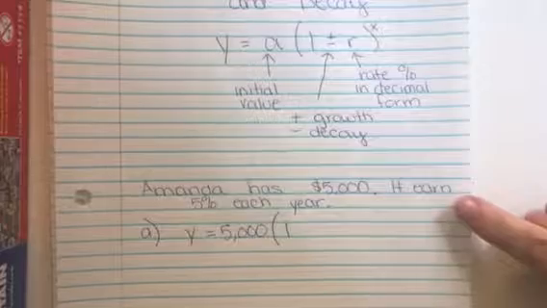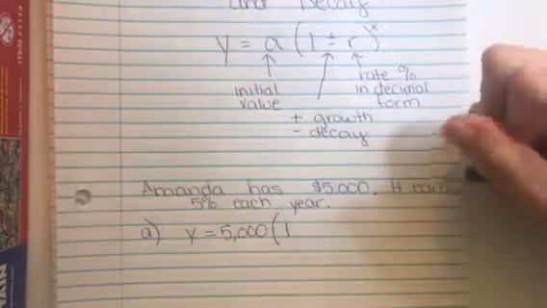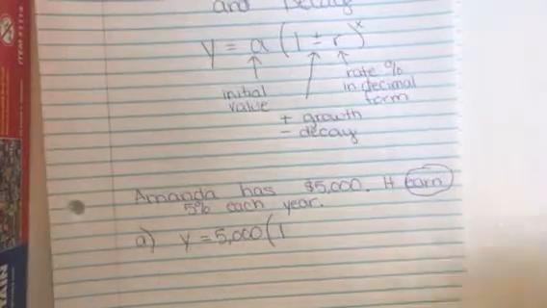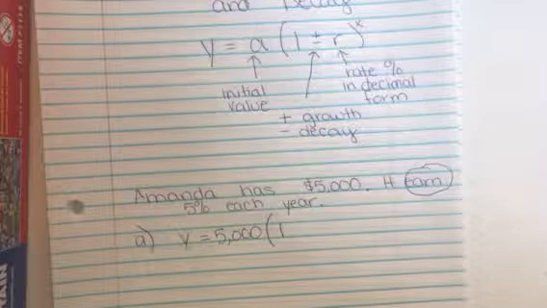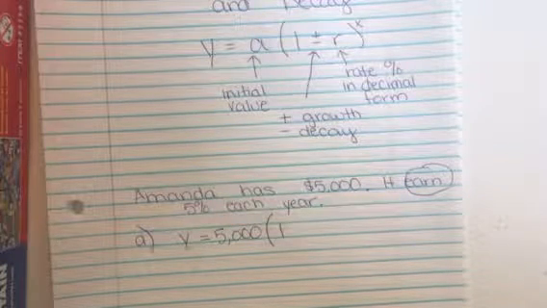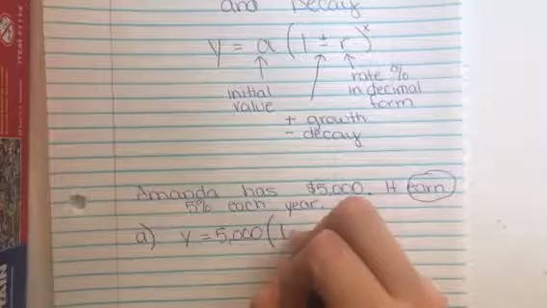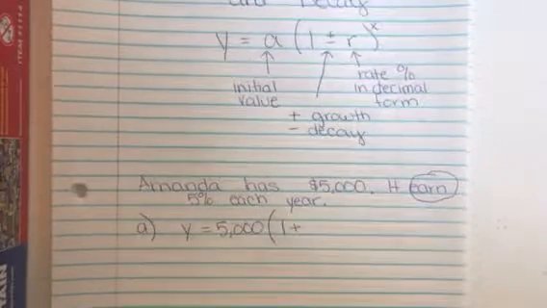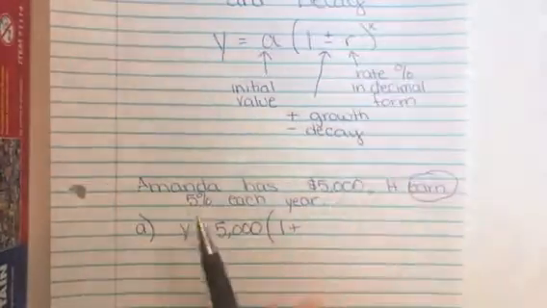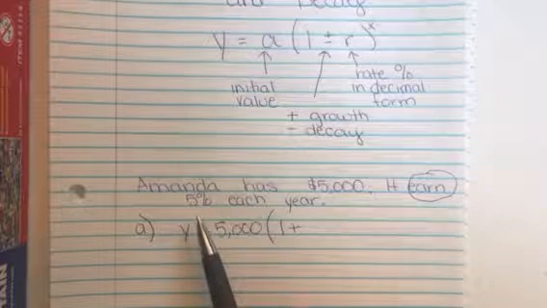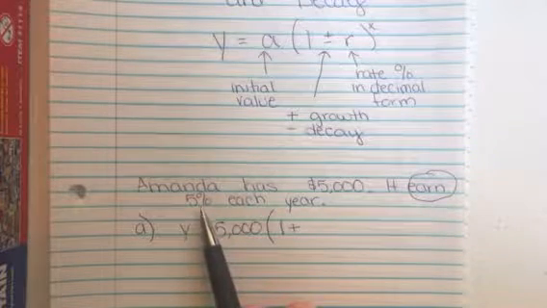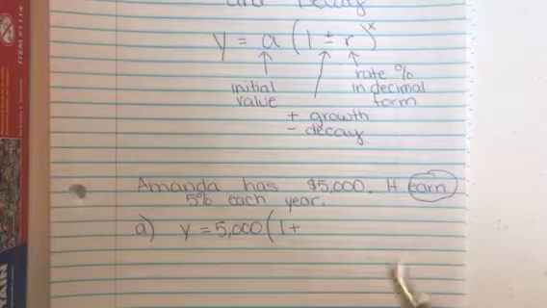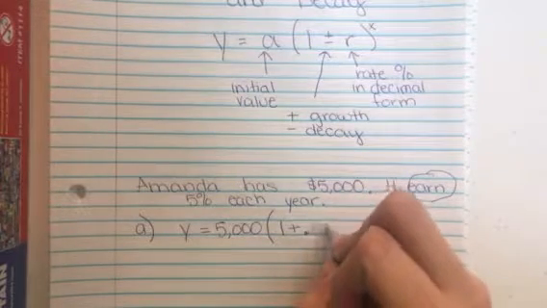Now we have to decide, is this growth or is it decay? Well, since it's earning money, the value in the account is going to be growing. It's going to be getting larger. So we want to add, and it's going to be getting larger at a rate of 5%. So 5% as a decimal, we're moving that decimal 2 places to the left. So it's going to be 0.05.